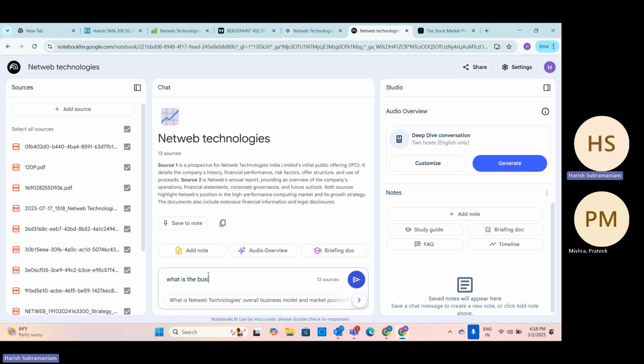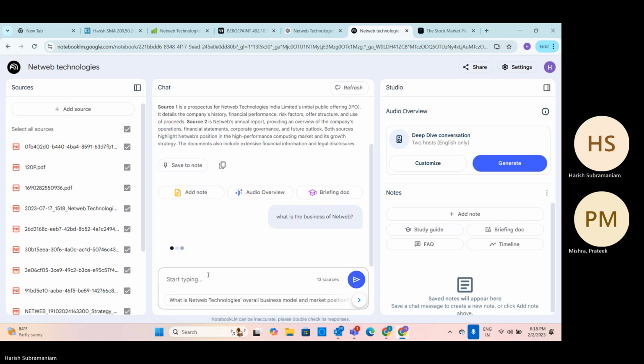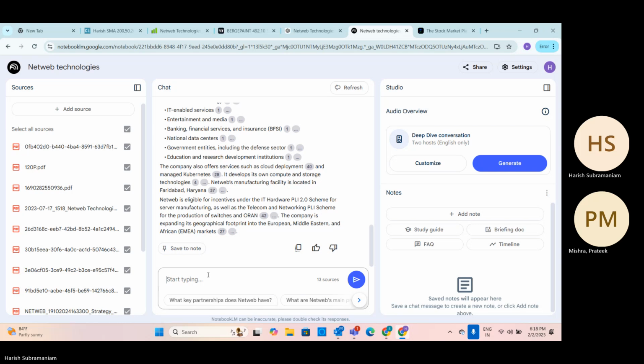What is the business of NetWeb? So now you can see this, we don't have to go through each of these documents and piece everything together.